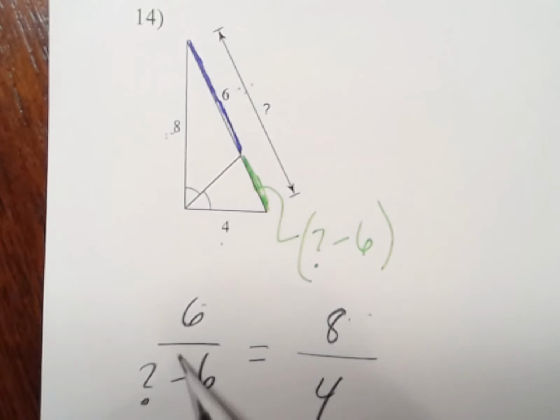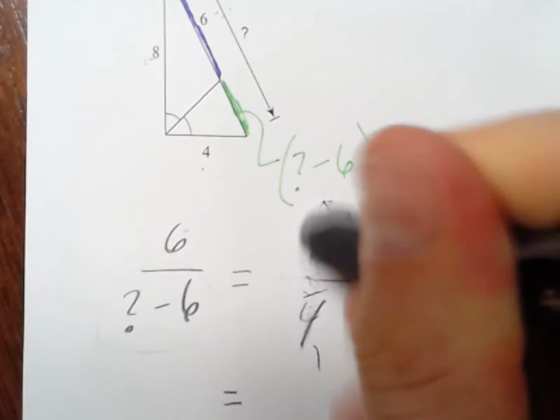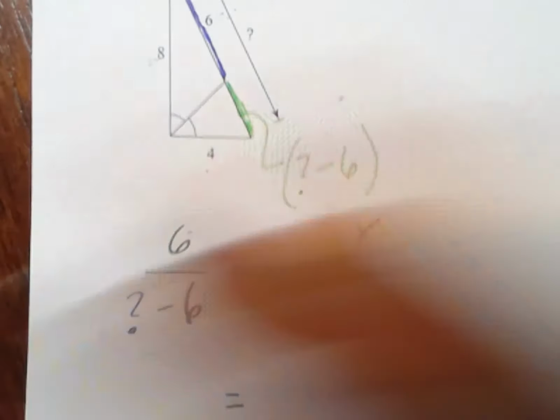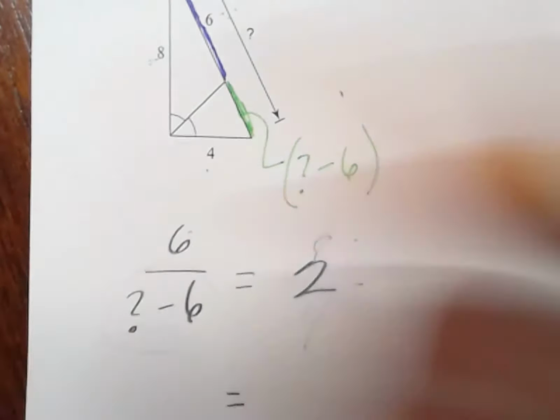So if I need to get rid of this in the denominator, I can multiply it up, and I could also multiply the 4 up. I think that'll be helpful. Well, you know what? 8 over 4, let's just be smart about this. 8 over 4 is just 2. So let's just call that 2.